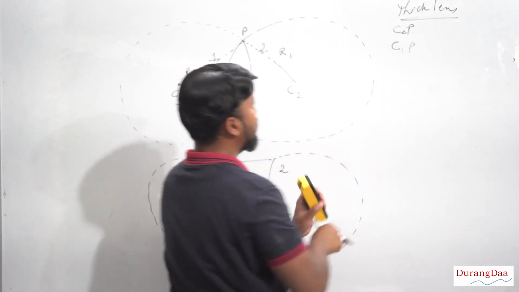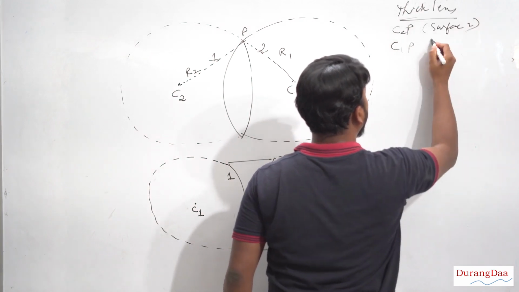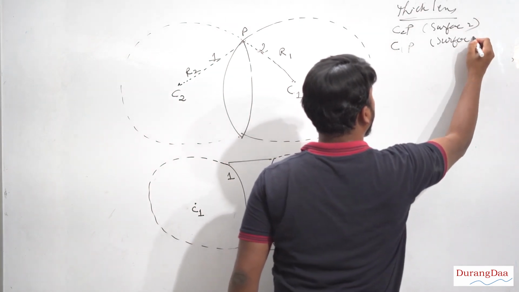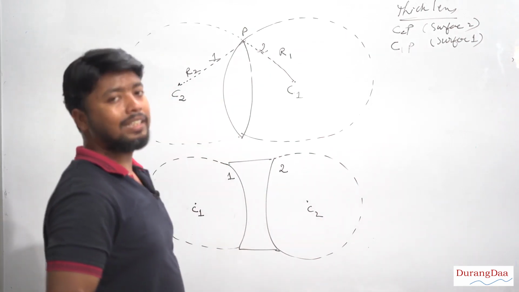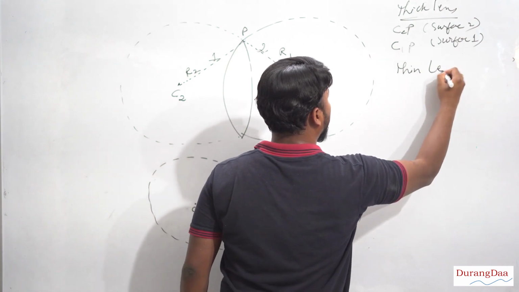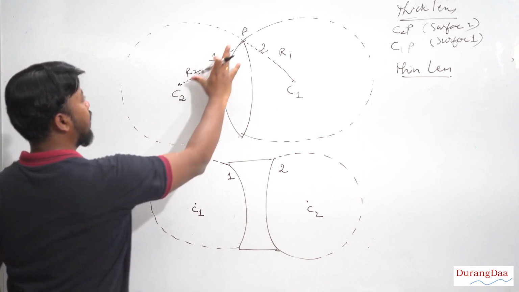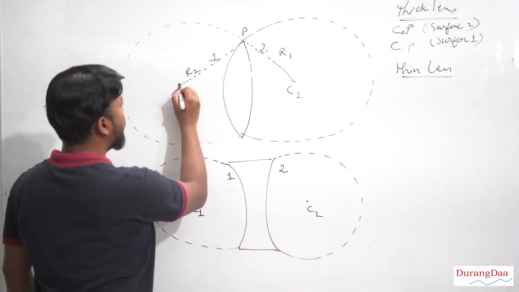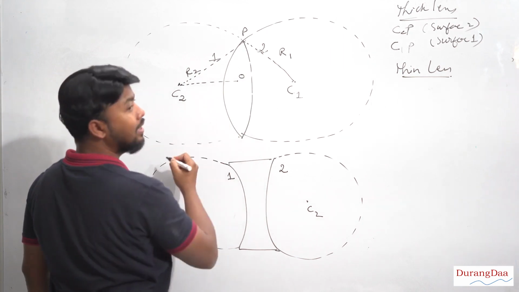This is for surface 2, this is for surface 1. But if you treat it as a thin lens, then your radius of curvature would be from here till here, to a point which is called the optical center.